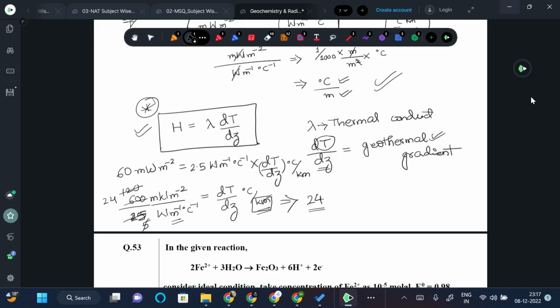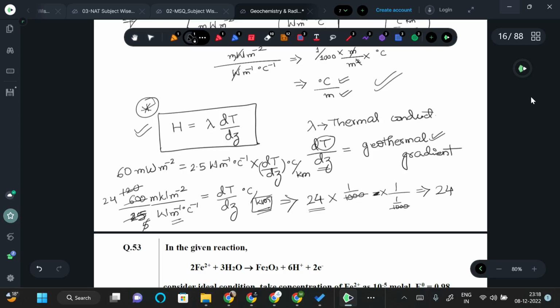So when you convert that, if I write 24, this milli, that is watt, would be 1 by thousandth part, right? But also we have meter. Meter would be left in the denominator, right? So 1 meter is equal to how many kilometers? 1 by 1000 kilometer. So again 1 by 1000. So this 1000 will get cancelled eventually.